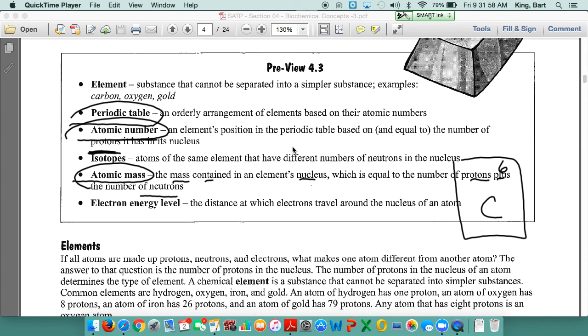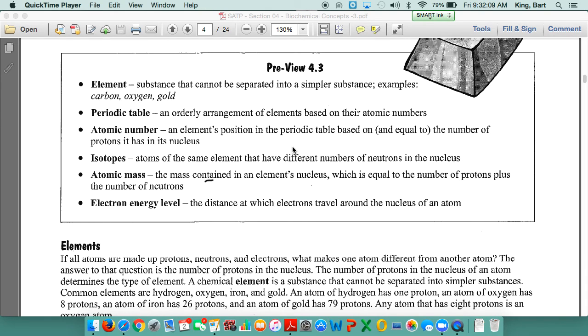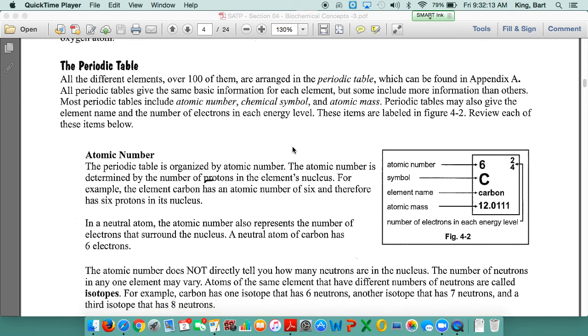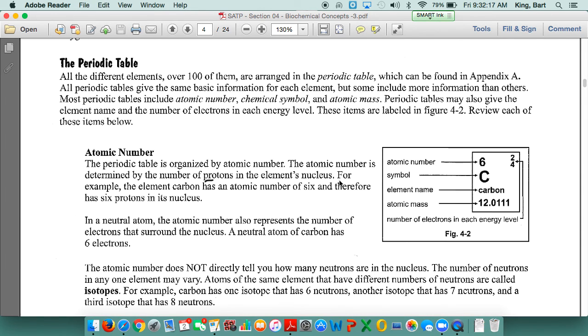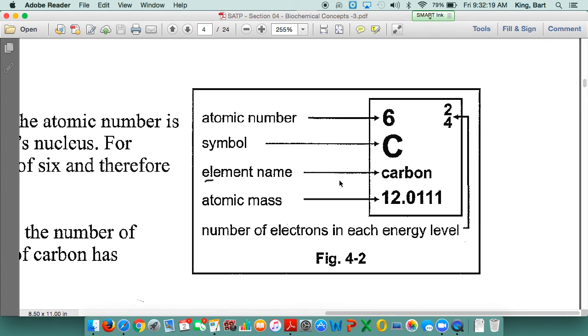The levels of energy outside the nucleus are called energy levels, and they contain the electrons, the negative particles. Here's a good picture of what carbon would look like on the periodic table, just generic.